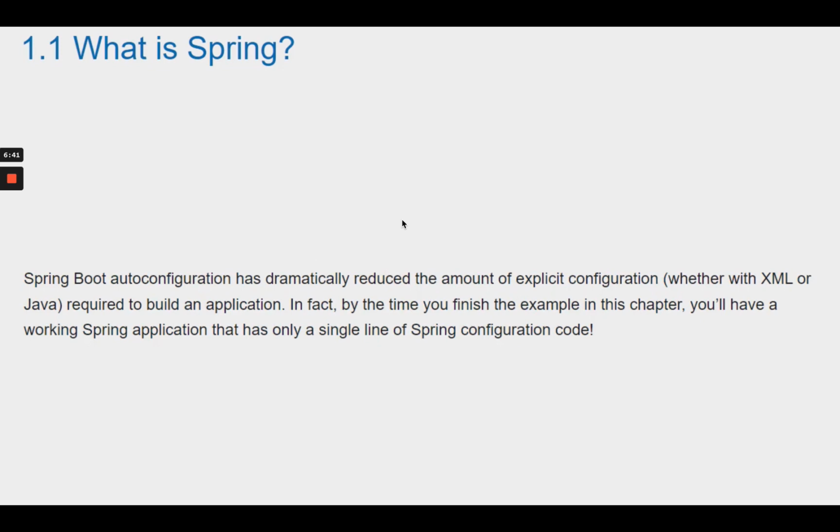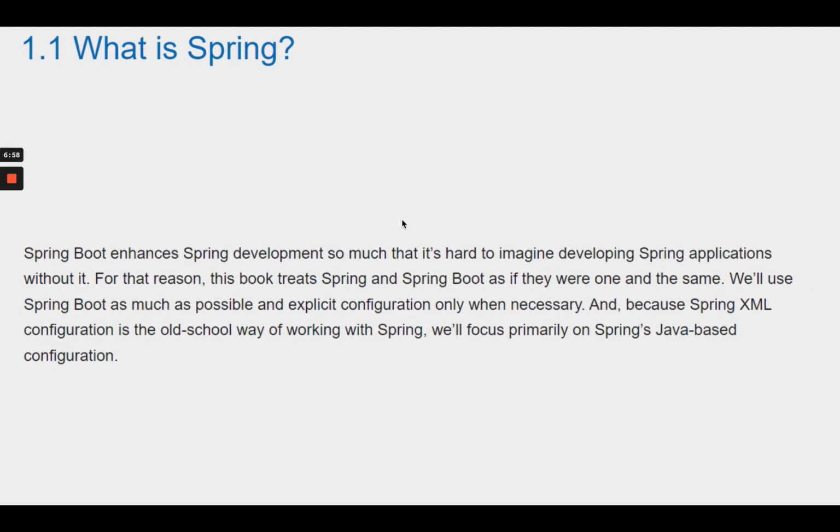Spring Boot auto-configuration has dramatically reduced the amount of explicit configuration, whether with XML or Java, required to build an application. In fact, by the time you finish the example in this chapter, you'll have a working Spring application that has only a single line of Spring configuration code. Spring Boot enhances Spring development so much that it's hard to imagine developing Spring applications without it.